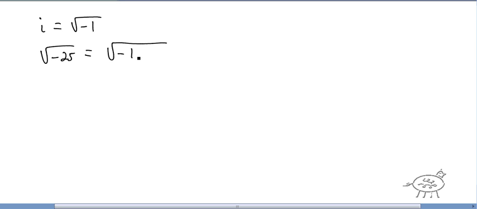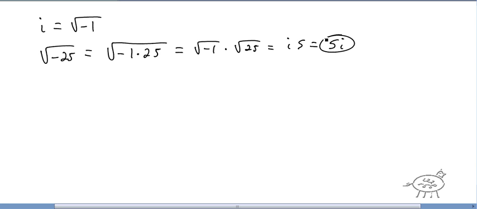It's really saying -1 times 25. So I'm going to show you a little bit of work here. Square root of -1 times the square root of 25. The square root of -1 is i. The square root of 25 is 5. So you write that just like you do a variable. The answer is 5i. All right, so pretty easy.